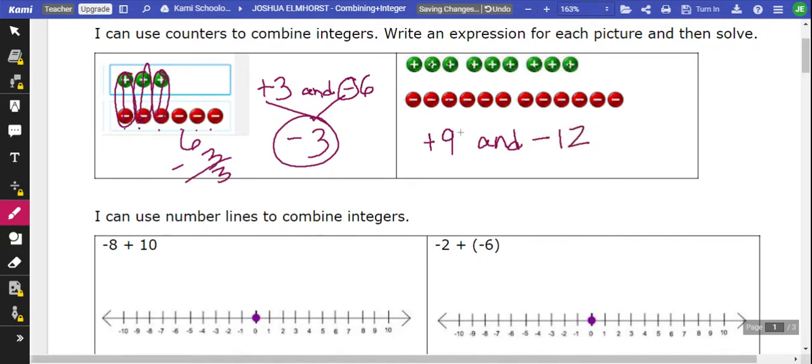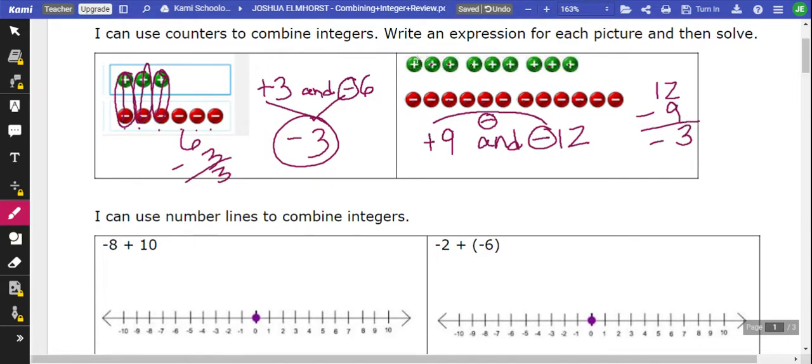Because these are opposites, they are going to delete each other. We're going to subtract. So 9 is going to be subtracted from 12, and that gives us 3. And we have more negatives, so our answer would be -3.